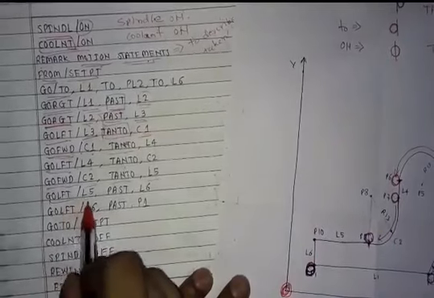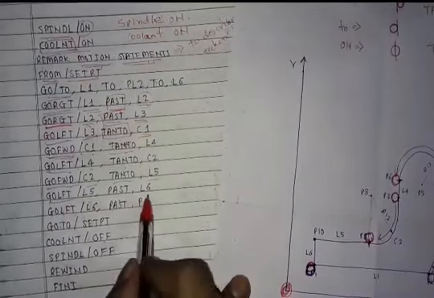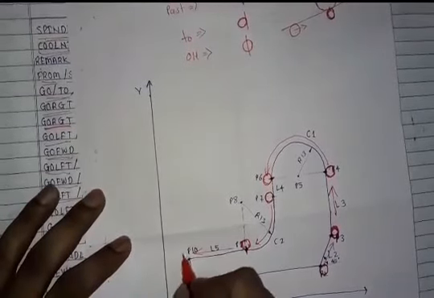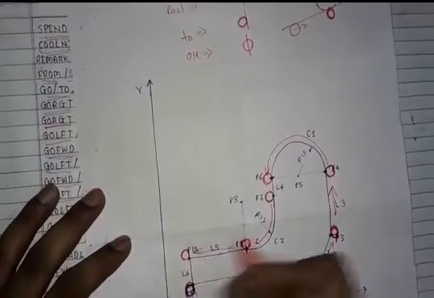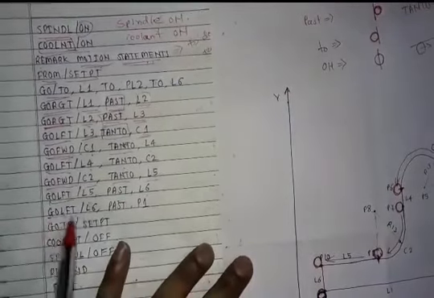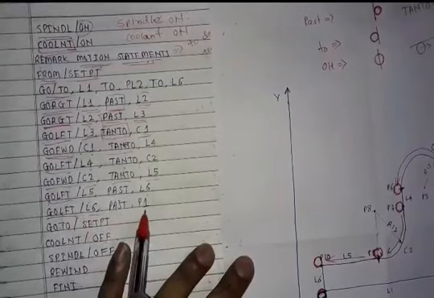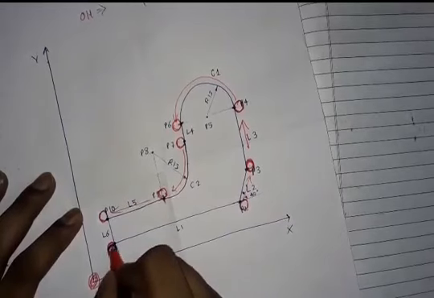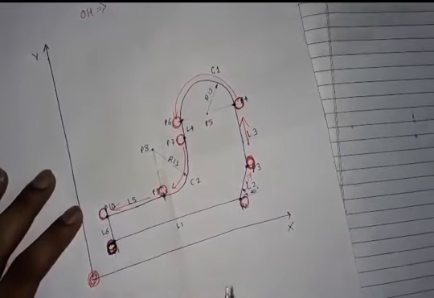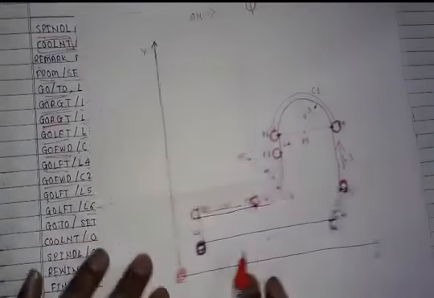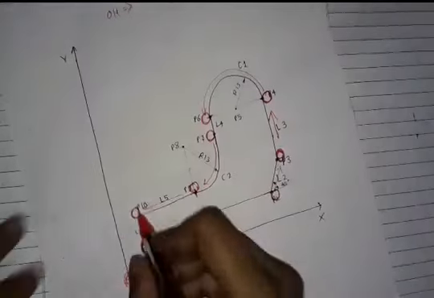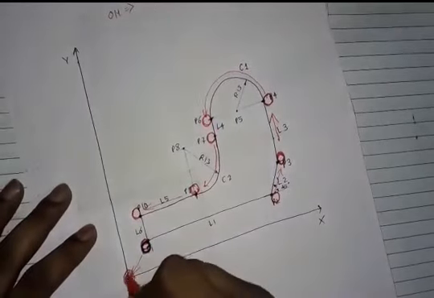Next go left slash L5 past L6, that is the cutter will move towards this, and the position of the cutter will be this. Next is go left L6 past P1, that is the cutter will be now at this position. The next statement is go to set point, that is the cutter will move towards the initial position, the set point.